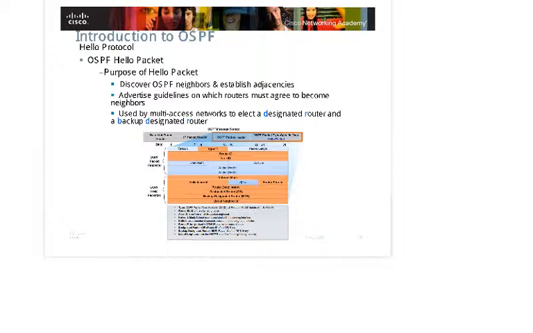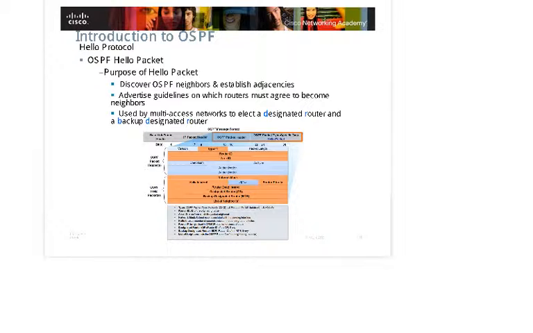So with that said, the main purpose of the hello packet is to discover the adjacencies, and the adjacencies here are routers that use the same routing protocol, and they advertise guidelines on which routers must agree to become neighbors, and that's very important. This part does not exist in EIGRP.